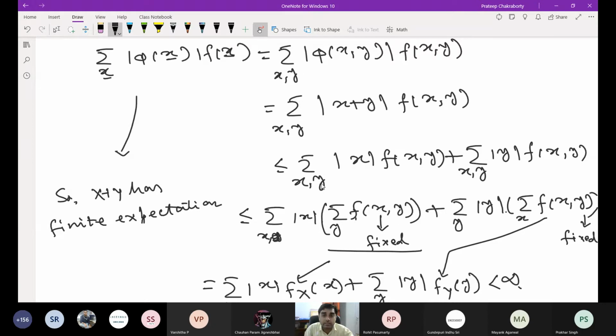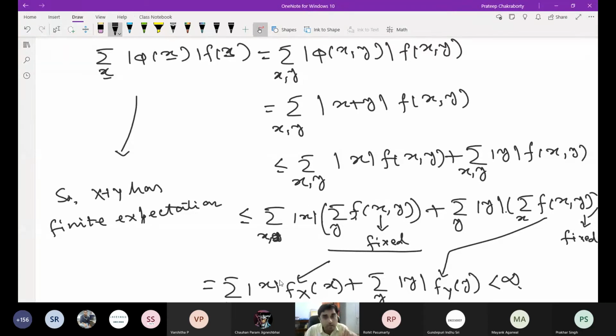What is happening here? There are two random variables, x and y. In this case, we are putting this x out, so x is fixed and y is varying. Now this is the joint density function of x and y. If we fix x and take the summation over y, what we get will be the density function of the random variable x. Is this clear? You will see all this again when you go to the multivariate distribution.